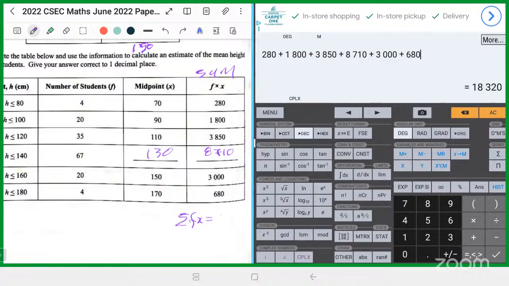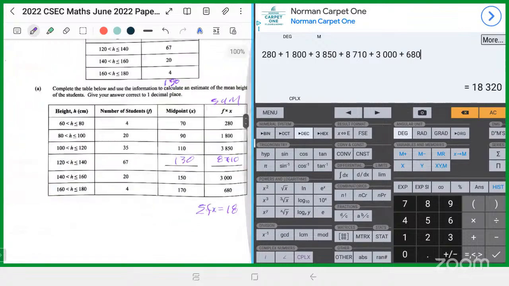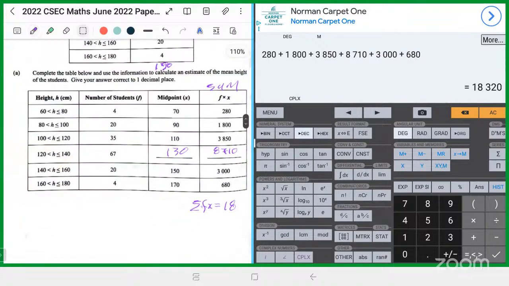And so that is 18,320. 18,320 is the total height of all 150 students, and this is the sum of them.